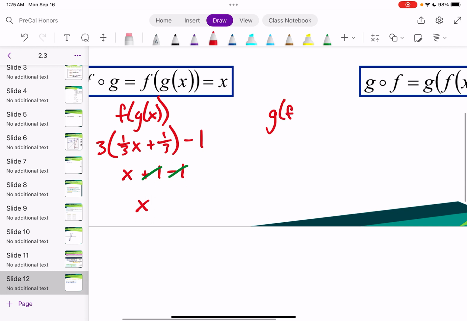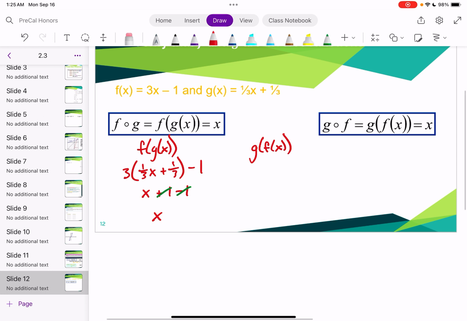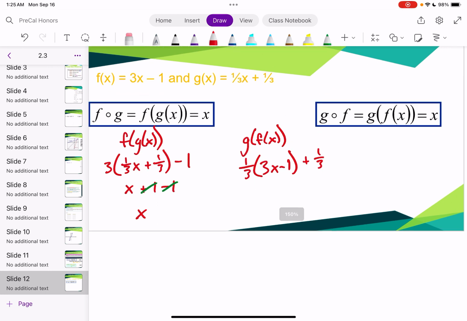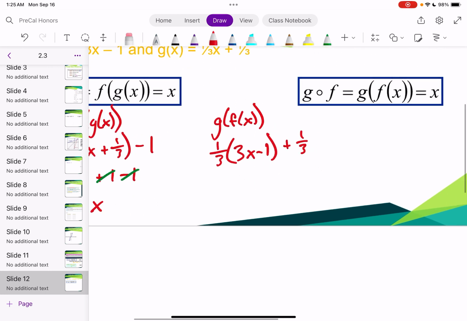G of f of x would start off with 1/3 times 3x minus 1 plus 1/3. 1/3 of 3 is 1x minus 1/3 plus 1/3.